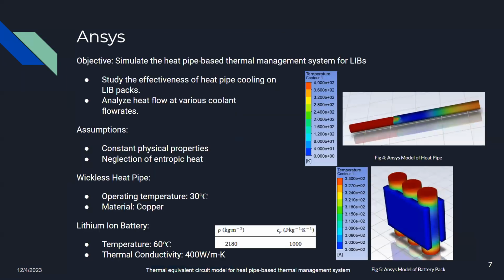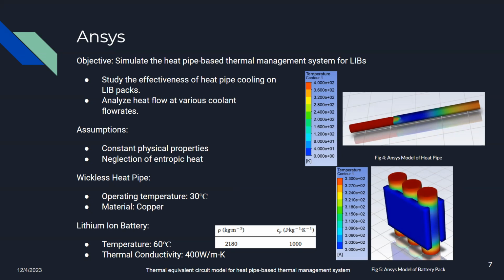All right, and for the ANSYS portion, again, our goal is to simulate the heat pipe-based thermal management system for lithium-ion batteries used in the paper. And we've run into some struggles with running the whole system, so we decided to break it up into smaller pieces and analyze them one by one to see the accuracy of our ANSYS skills.